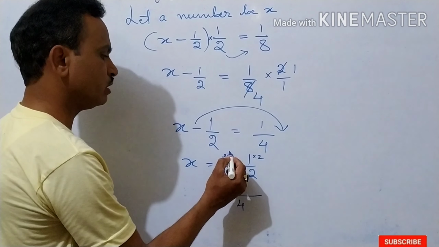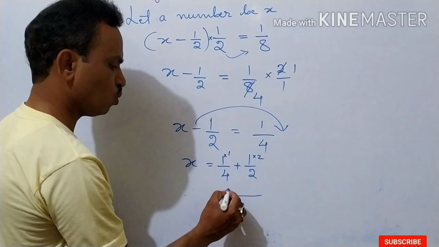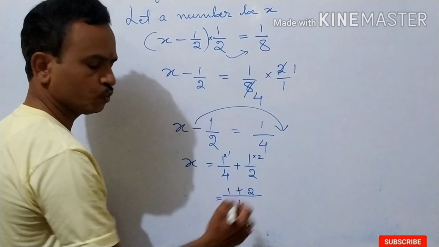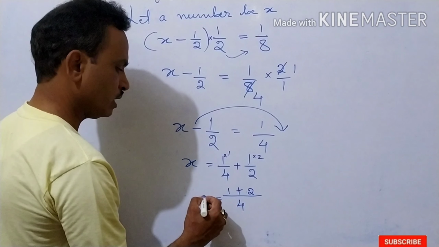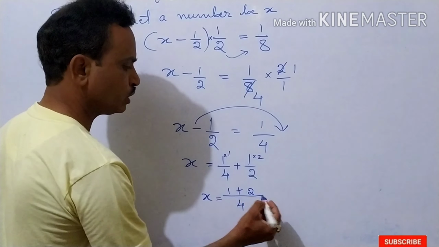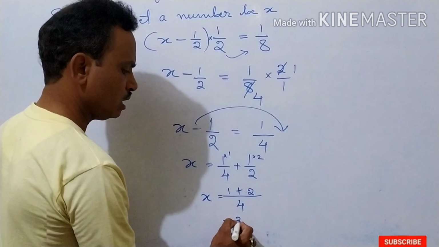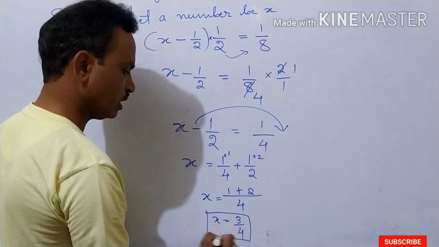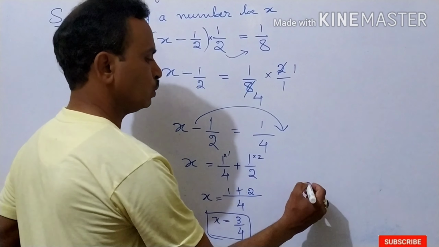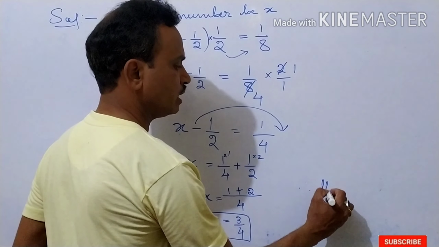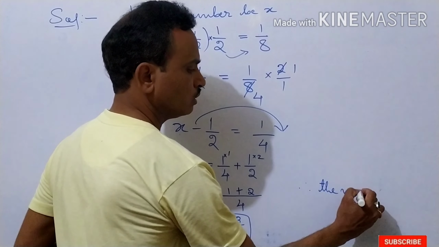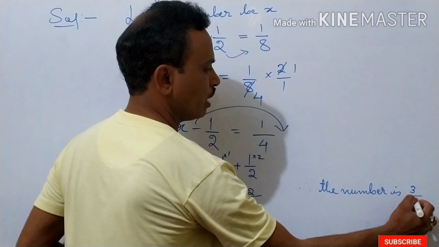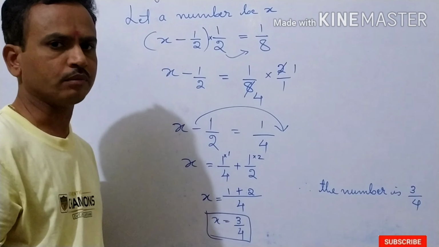Then multiply numerator. 1 into 1 is 1 plus 1 into 2 is 2. Then x as it is, 1 plus 2 is equal to 3. 3 divided by 4. That means x is equal to 3 by 4. So therefore the number is 3 by 4. Okay.